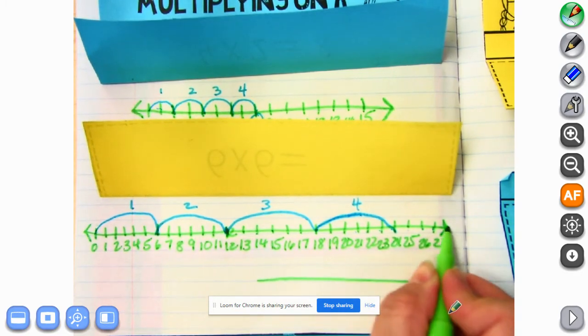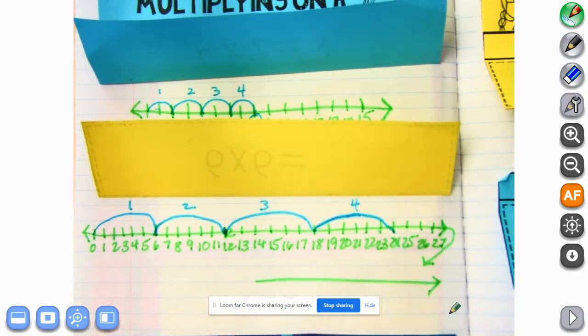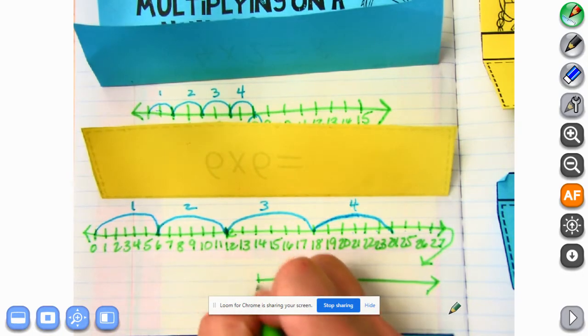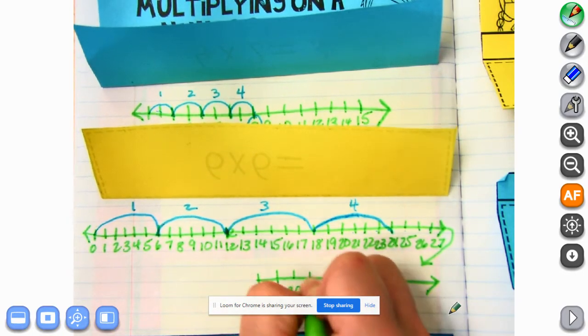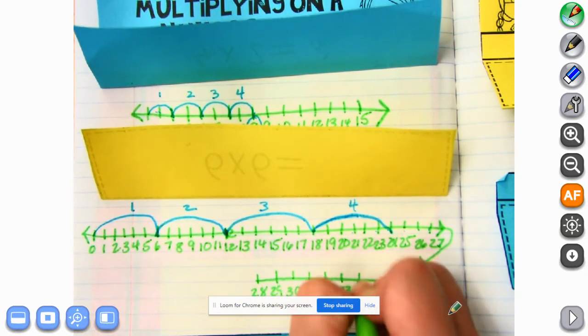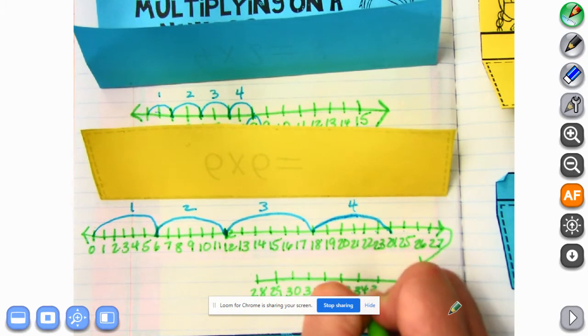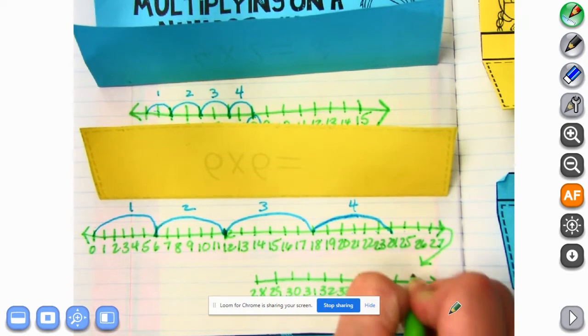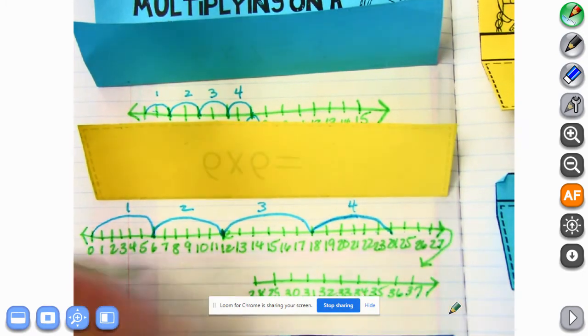Continue our number line down here. So we were at 27, 28, 29, 30, 31, 32, 33, 34, 35, 36, 37. Oop, let's see if that's enough.